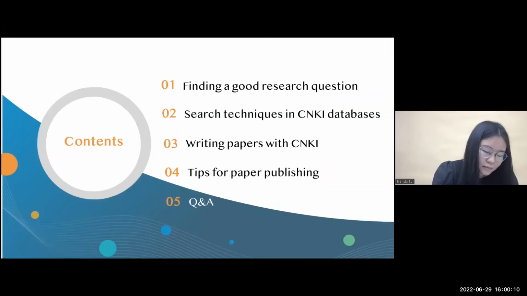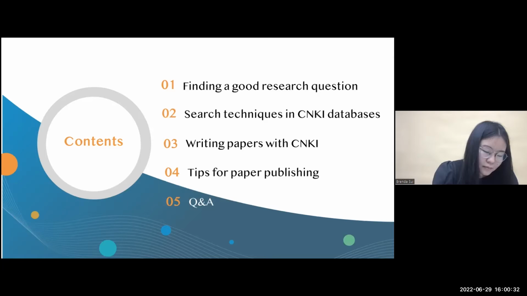In today's training, we will start with how to find a worthwhile research question. I will share some ways to identify research trends and topics in Cnki databases. Then I'm going to elaborate on some research techniques to help discover more relevant literature.